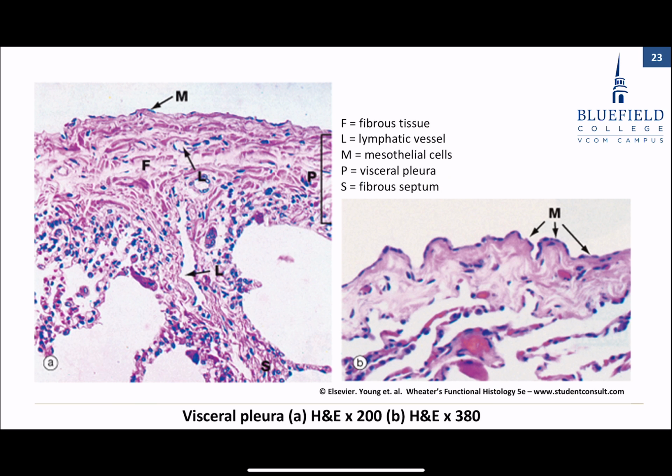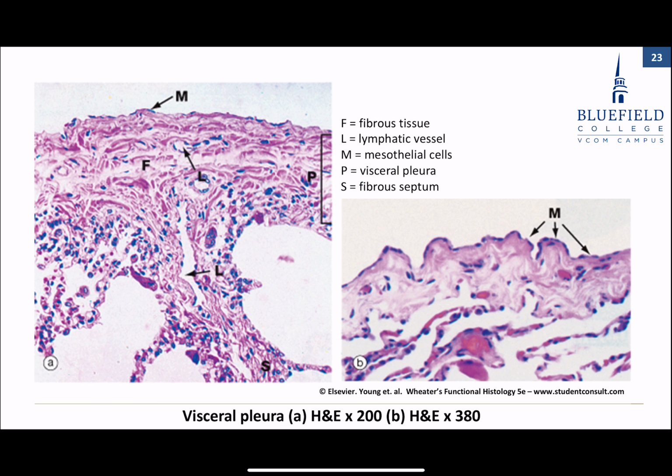Now we give it a special name here. We call it a mesothelium. We call it an endothelium when it lines a blood vessel. Here, when it's lining the outside of the lungs or lining the thoracic cavity, we'll refer to it as a mesothelium. Now this mesothelium, beyond just providing a covering, secretes a small amount of serous fluid.